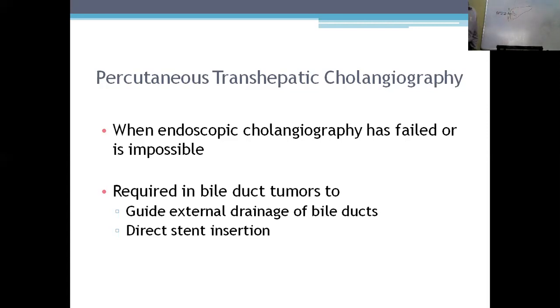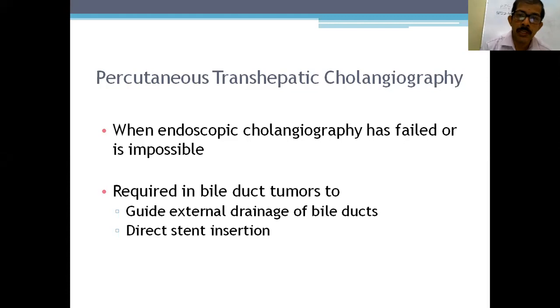Then only you can insert your needle into the bile duct. So for PTC, you need dilated bile ducts.